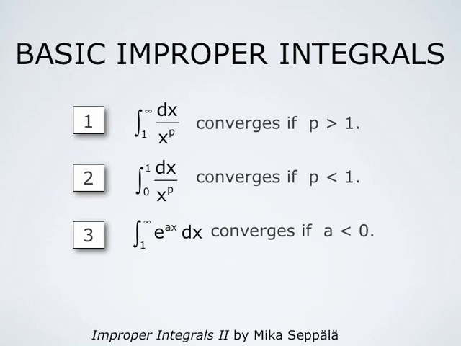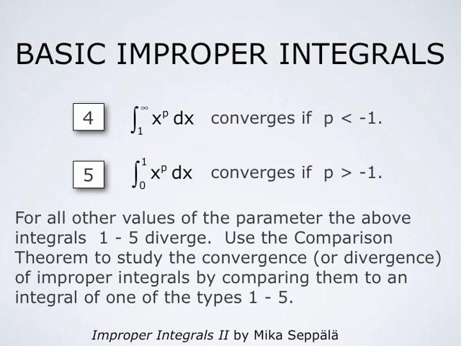The integral from 1 to infinity e to the ax dx converges if a is negative. And this number 4, the integral from 1 to infinity x to the power p dx, converges if p is less than negative 1. And the integral from 0 to 1 x to the power p dx converges if p is greater than negative 1.